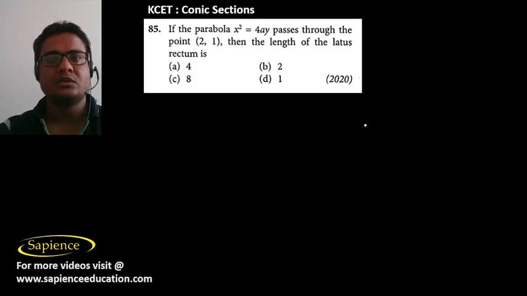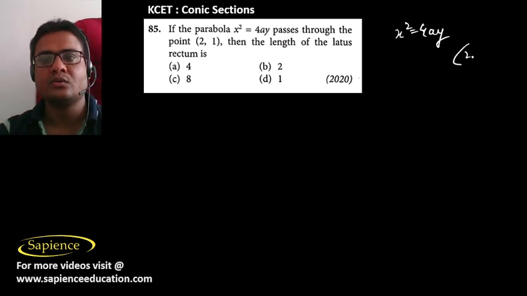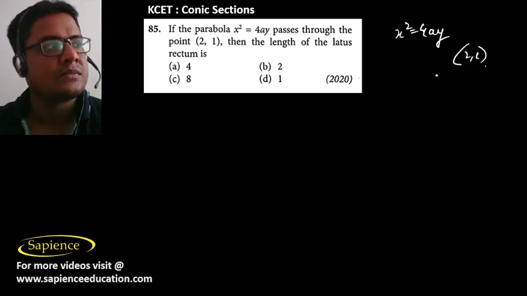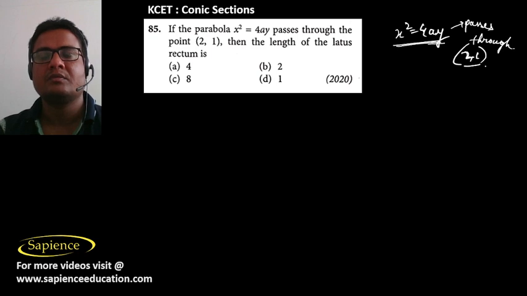Then here it is told if the parabola x square equal to 4ay passes through the point (2, 1), then the length of the latus rectum is. So it passes through the point (2, 1), it means that (2, 1) should satisfy the equation of the parabola also.